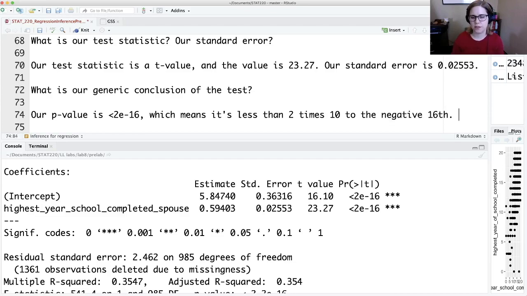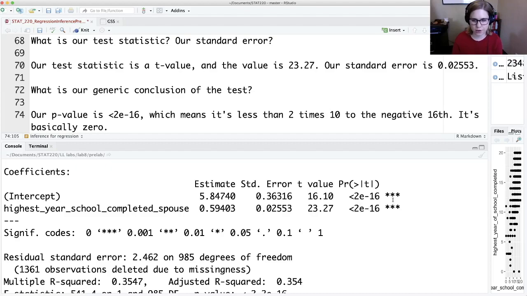In other words, it's 0.000000000000000 and then a 2, right? So it's basically 0. And in fact, that's the smallest p-value that R will ever show you, this less than 2e minus 16.